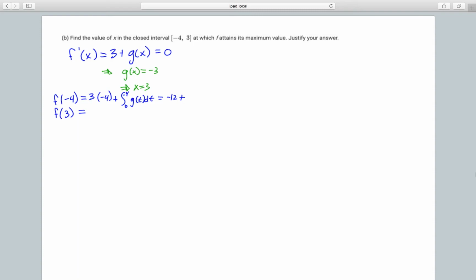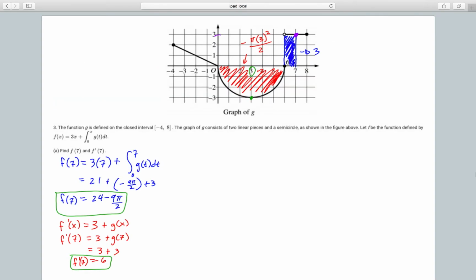And so what I have to do to deal with that is, since my upper limit is smaller than my lower limit, I'm going to swap them and negate the integral. So negative 12 minus the integral from negative 4 to 0 of g of t dt. Now let's take a look at our graph, so the integral from negative 4 to 0 would be this area, which is a triangle.